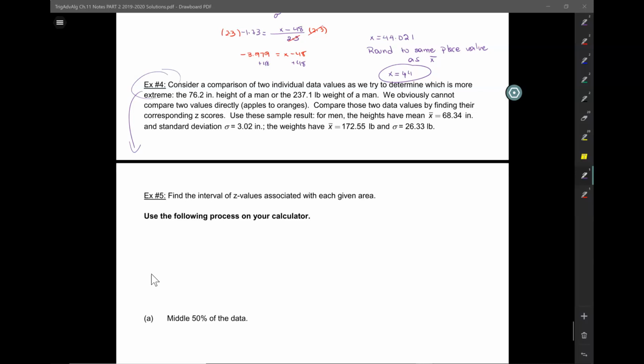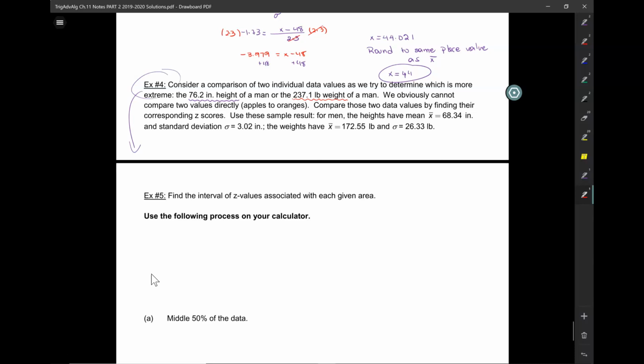Is it a man who has a 76.2 inch height, or is it the man that has a 237.1 pound weight? And when we say extreme, okay, we're not being derogatory, we're not putting anybody down, we're just saying which one is farther from the mean for that specific statistic.